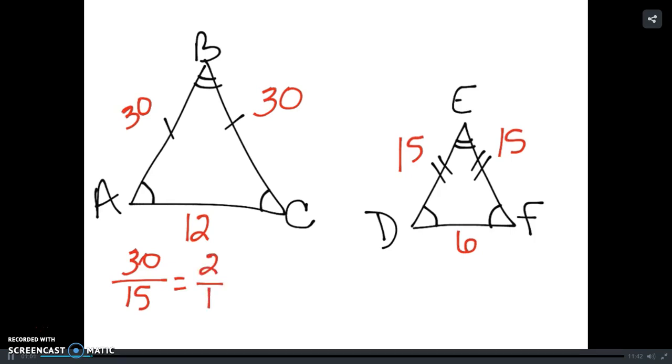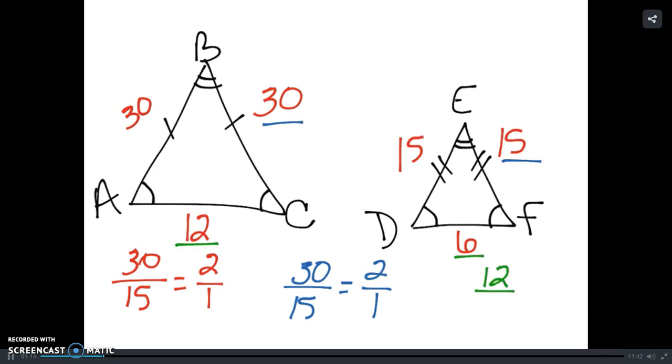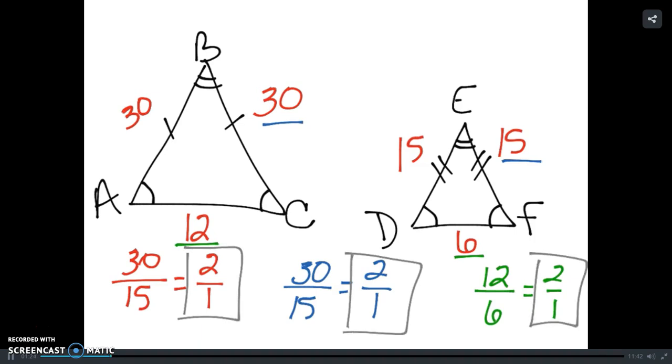We could do BC over EF, and again, we would get 30 over 15, which is 2 over 1. And we could test out AC over DF, which would be 12 over 6, which again is 2 over 1. Since each of these reduces to the same number, they each have the same scale factor, so we would know that these two triangles are indeed similar polygons, similar triangles.